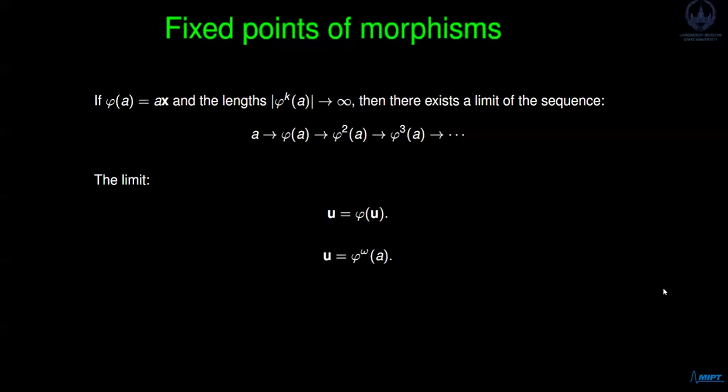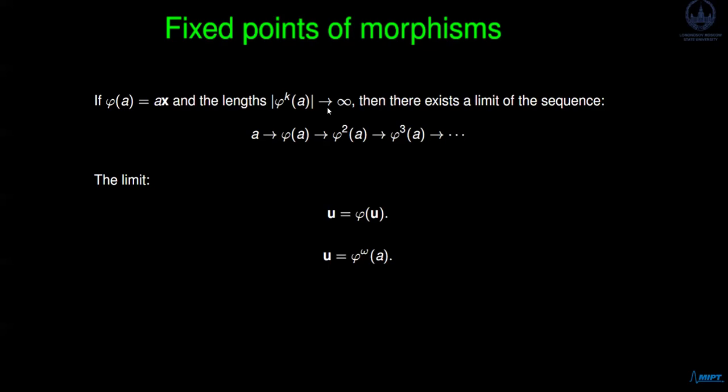Here we discuss the idea of a fixed point of a morphism. When we apply a morphism phi repeatedly to a letter a, we generate a sequence of words like a, phi of a, phi squared of a, phi cubed of a, and so on. If the length of these words grows infinitely, meaning the absolute value of phi to the k of a goes to infinity, there can be a limit of this sequence.